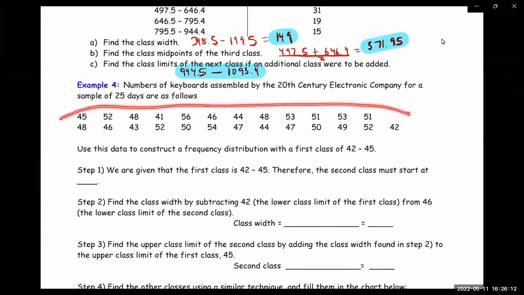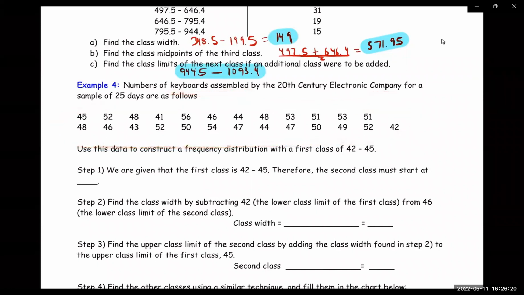So that means there are 25 data values, and what they represent is the number of keyboards assembled by this company over the 25 days. So maybe on one of the days they assembled 45 keyboards, on the next day 52, 48, so on and so on for 25 days. Use this data to construct a frequency distribution.